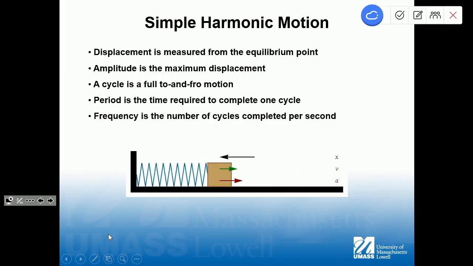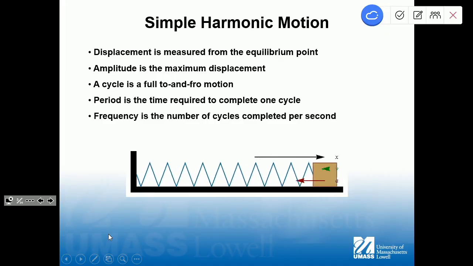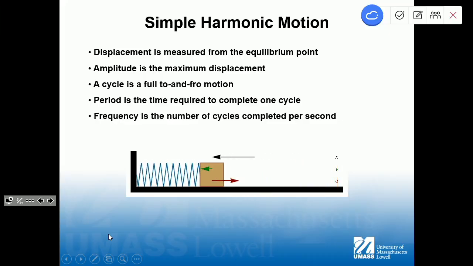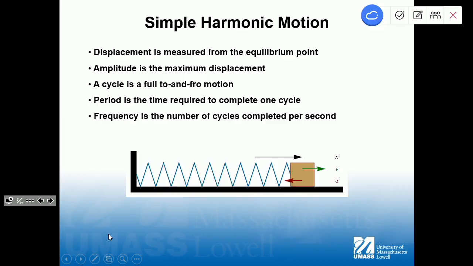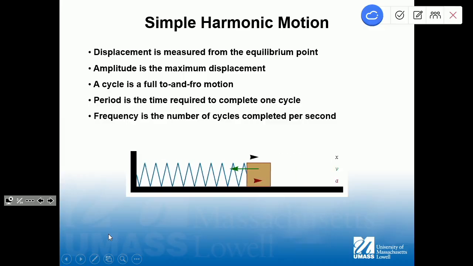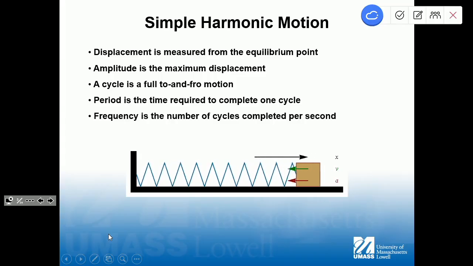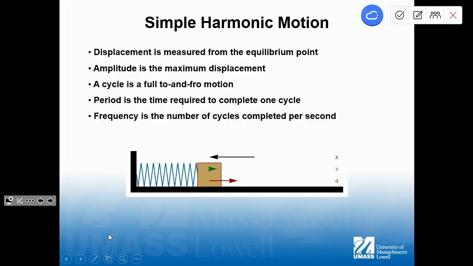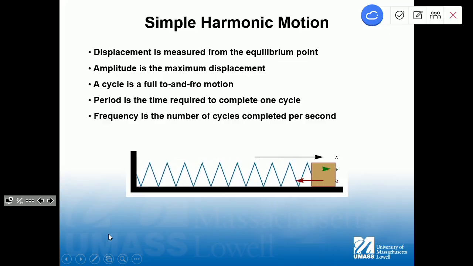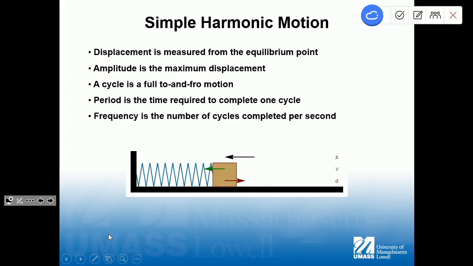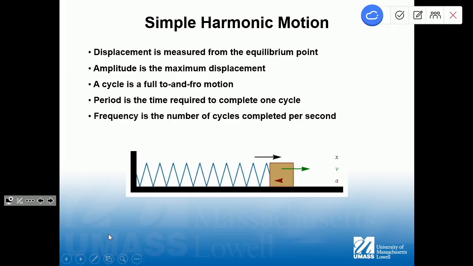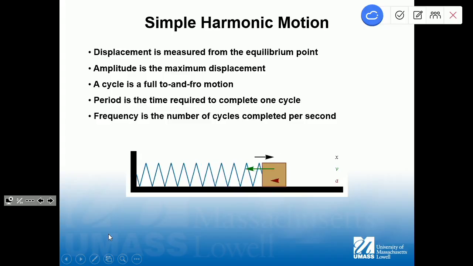Okay, so when you stretch it in the beginning to one end and then you let go, the reason it goes back to its original position is there's a restoring force on it. Whenever the spring is stretched, there is a force trying to pull it back to equilibrium. So it comes back to equilibrium. Why does it go to the other side?